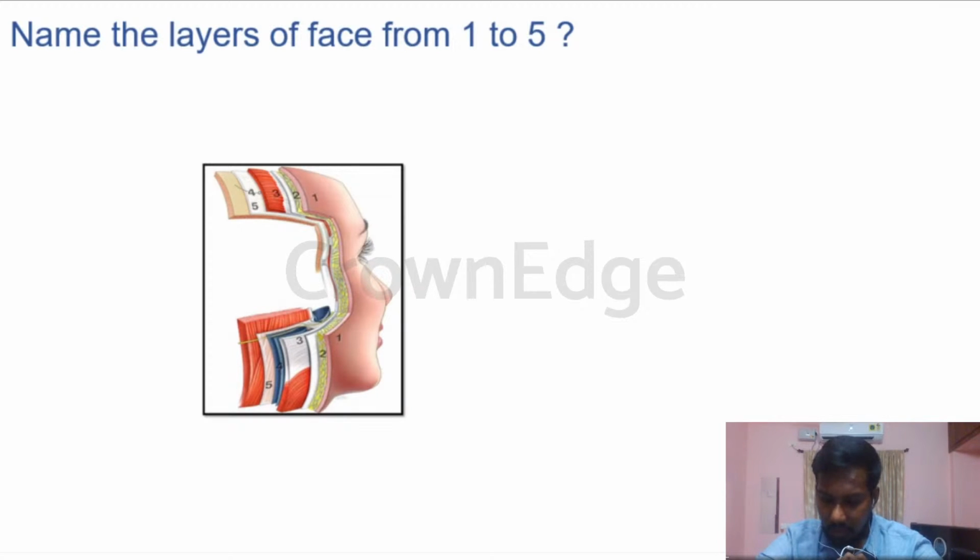I think everyone has answered number one, skin. Some have answered number two, superficial fascia, and some have said subcutaneous layer. Bhargavi has told skin, subcutaneous, aponeurotic layer, loose areolar tissue, and deep fascia.